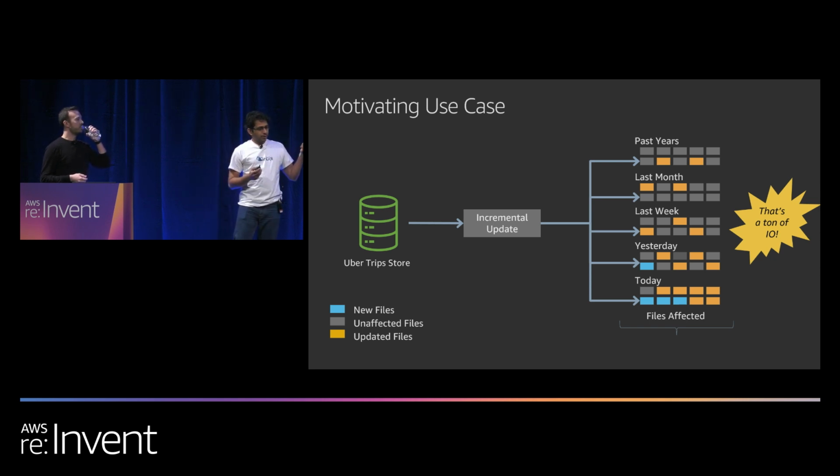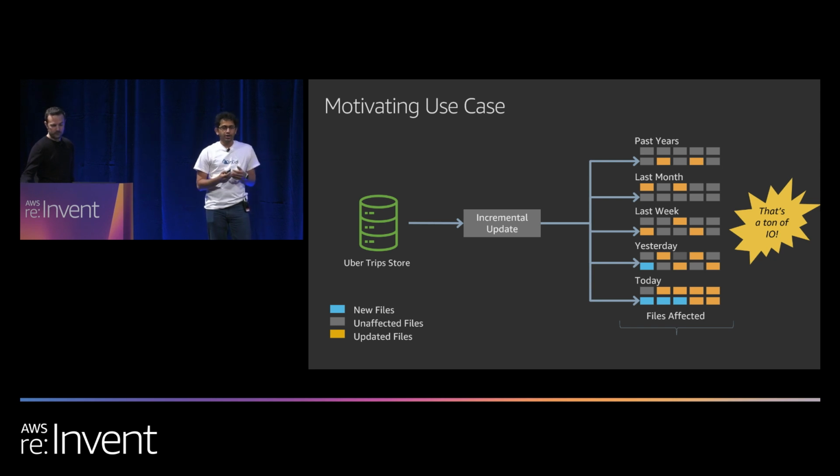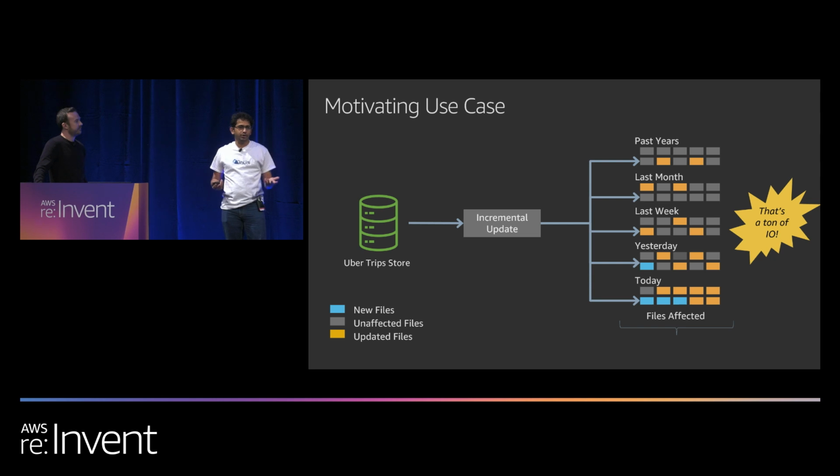And what happens is every few minutes we get a lot of new trips, as well as a lot of updates to existing trips that span across multiple past days, months, or even years in some cases. The use cases that generate these updates to older partitions are things like: you may have taken an Uber a month ago, and you pull up your app and rate that trip.